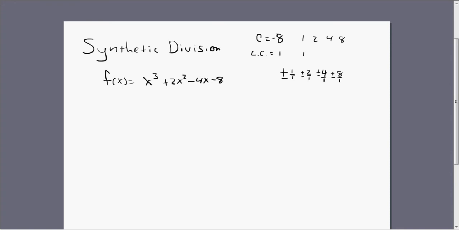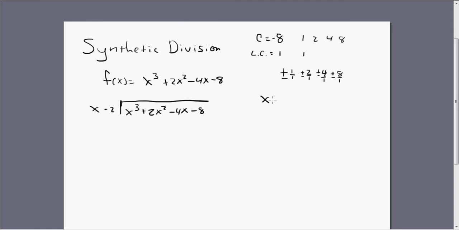If I were to divide this, I would say x cubed plus 2x squared minus 4x minus 8, and I might divide it by something like x minus 2. Now, we can certainly do that, but there's actually an easier way. What I'm really seeing here is, is x minus 2 a factor?